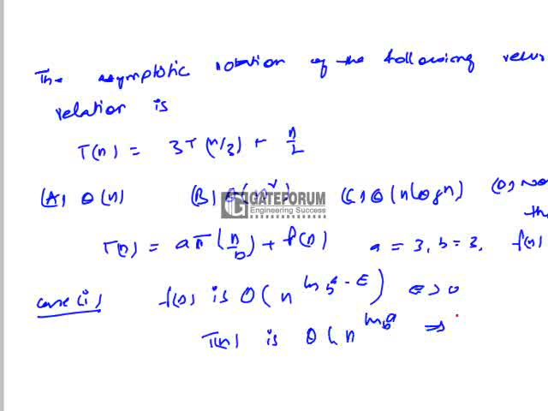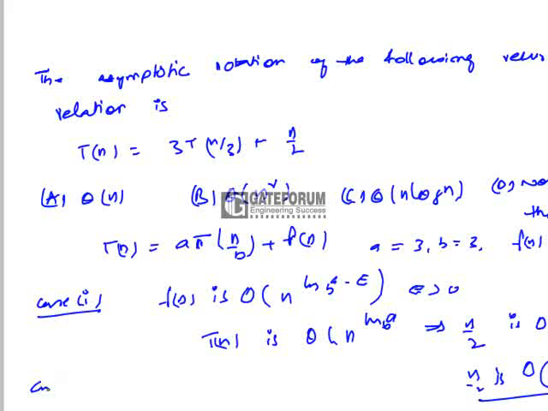Here f(n) is n/2, and we check if it is order of n^(log 3 to the base 3 minus epsilon). If we simplify, log 3 to the base 3 means 1, so n^(1 minus epsilon), and epsilon is greater than 0. This condition should be satisfied, but it is not satisfied. So here case 1 has failed.